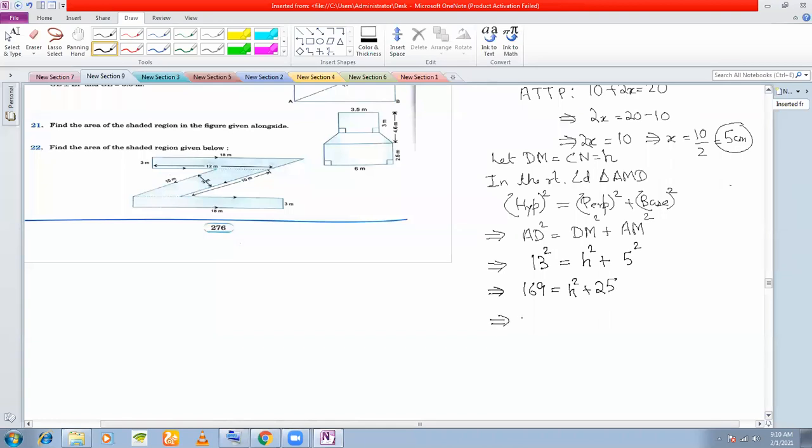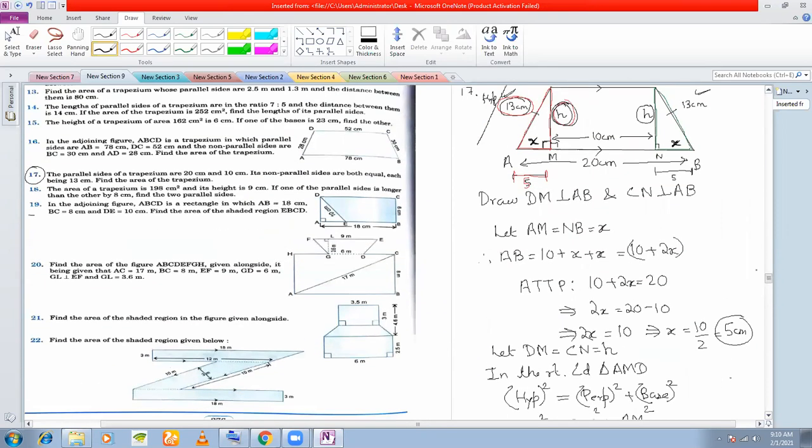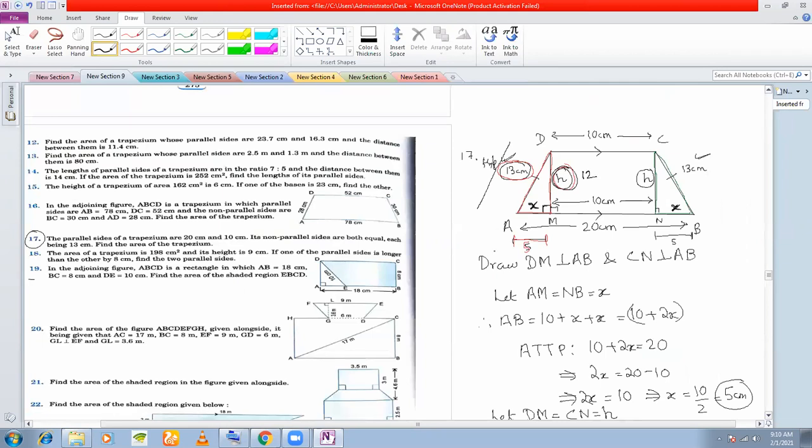You take 25 on the other side, so 169 minus 25 is equal to h square. 169 minus 25 is 144, so h square is equal to 144. That means h is the square root of 144, which is 12 centimeters. So we have found the height of the trapezium, h, to be 12.